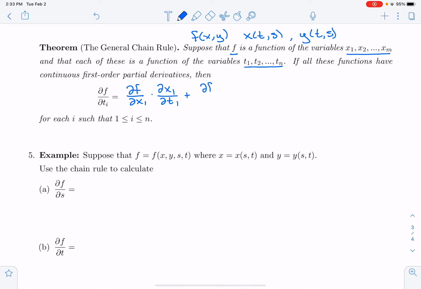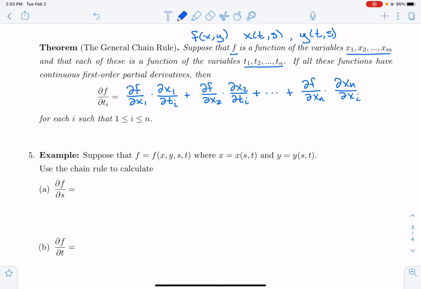Then we have df dx2 times dx2 with respect to, say, ti. I think I wrote a 1 here, but I meant i, because we're taking the derivative with respect to ti. And then we're going to keep going till we get df dxn times the derivative of xn with respect to ti. And so this is the most general expression for the chain rule.